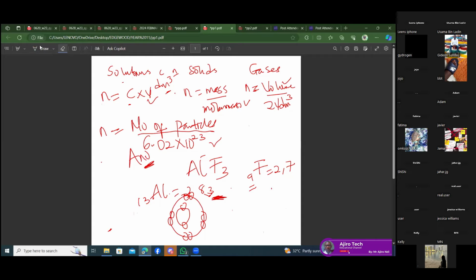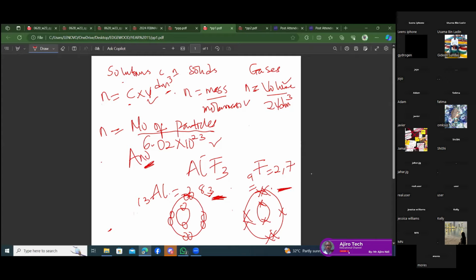So 1, 2, 3, 4, 5, 6, 7. So these are the 7 electrons outside. So it's going to receive 1 electron, and this is how I represent the 1 that was received from aluminium.